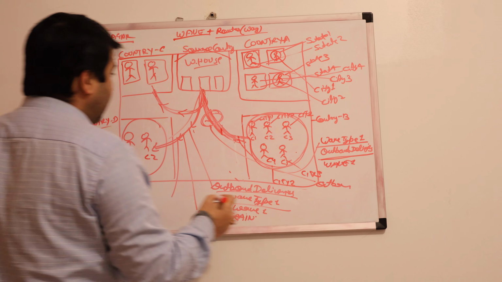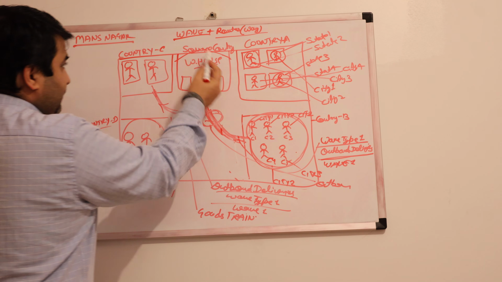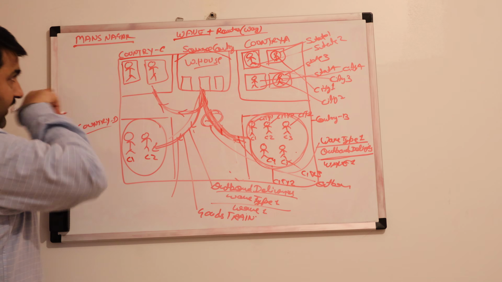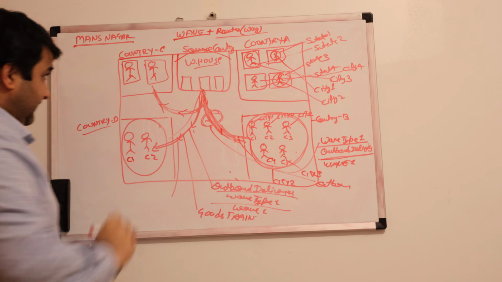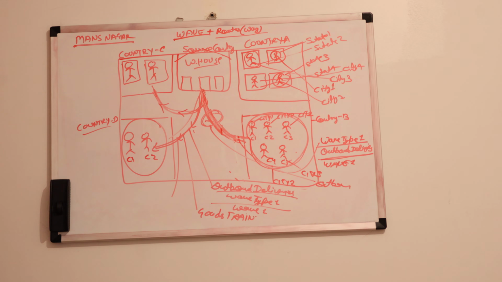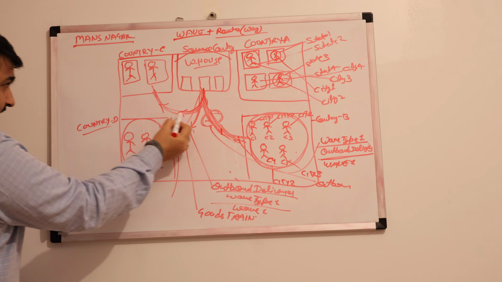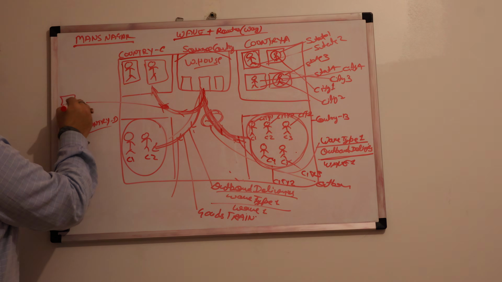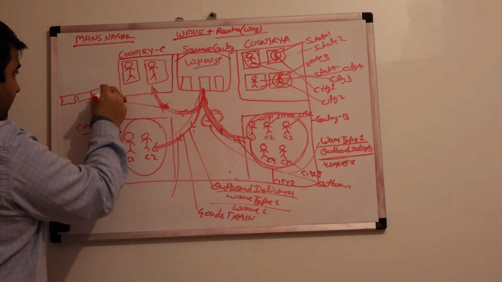Similarly, this is our source warehouse. We have two customers, for example, in different cities, different states. When we send the deliveries to them, suppose we are using a goods train here.